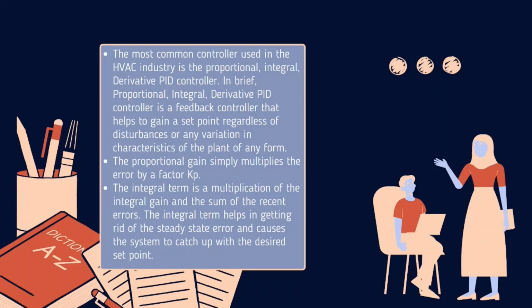The proportional gain simply multiplies the error by a factor Kp. The integral term is a multiplication of the integral gain and the sum of the recent error. The integral term helps in getting rid of the steady state error and causes the system to catch up with the desired set point.